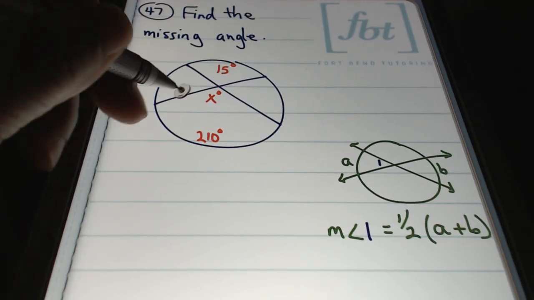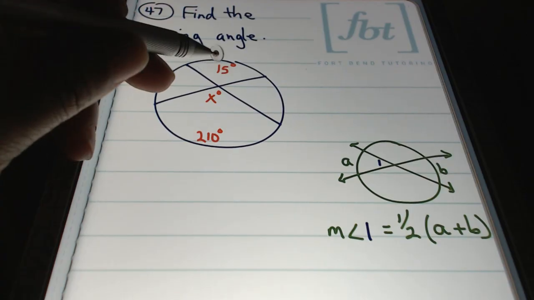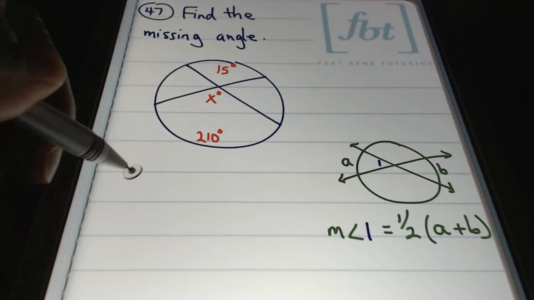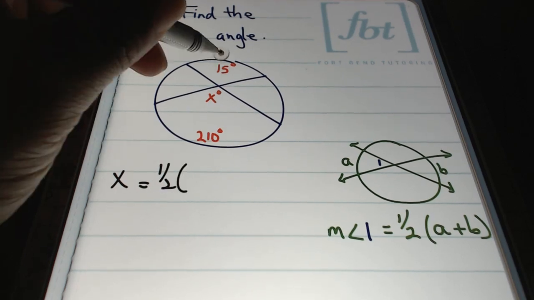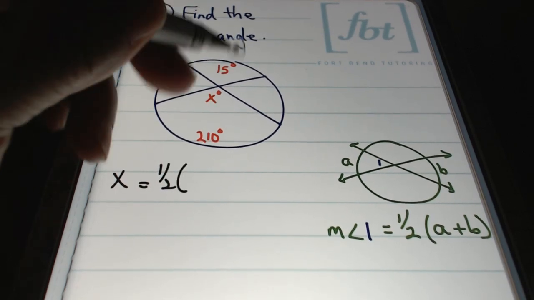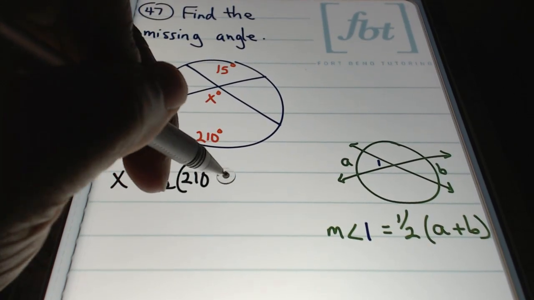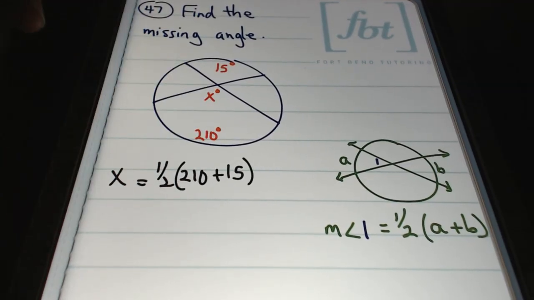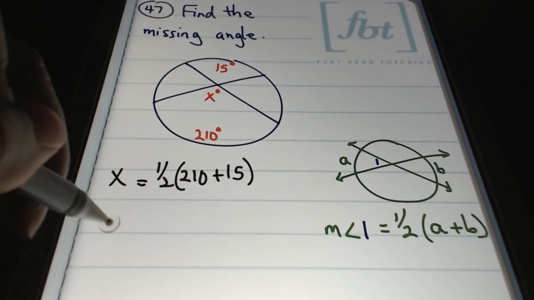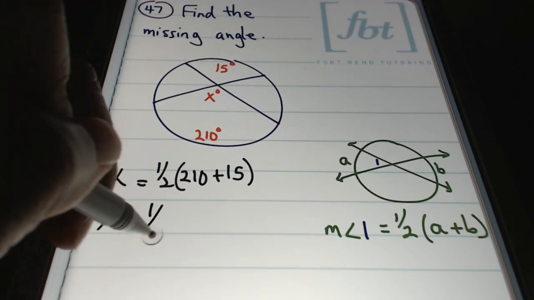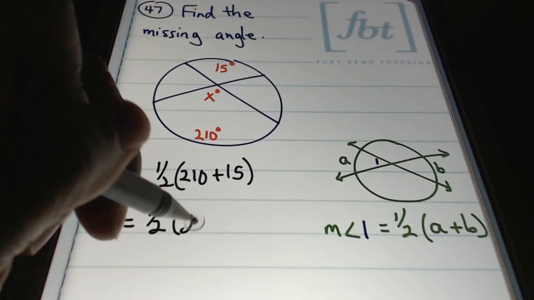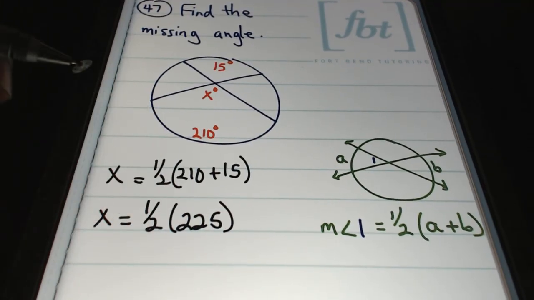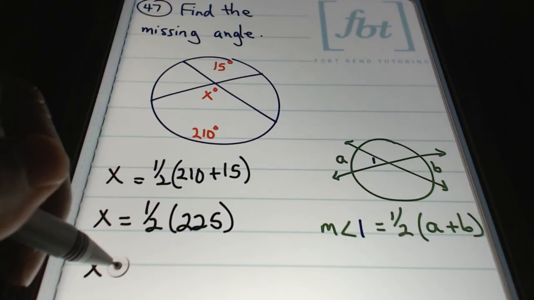So in order to set this up, angle 1, in this case x degrees, needs to be equivalent to half of the sum of these arcs. So we have 210 plus 15, and we're going to add these together first. That gives us 225, correct?